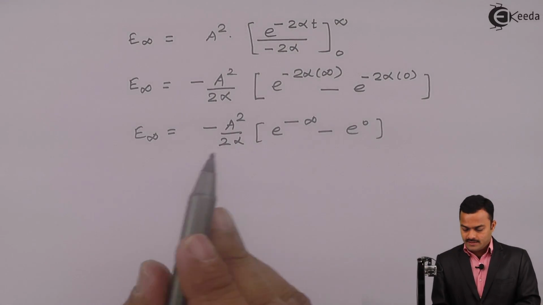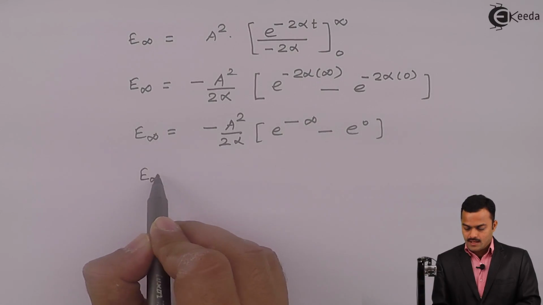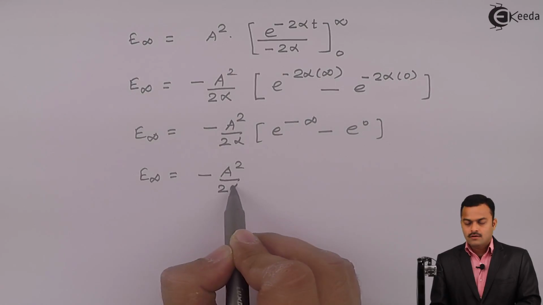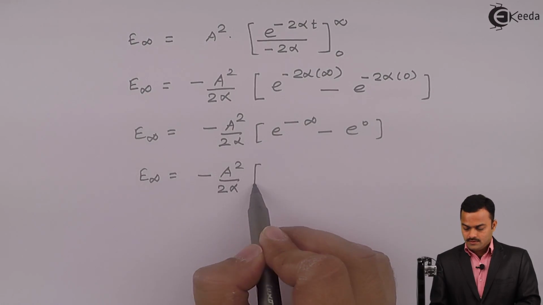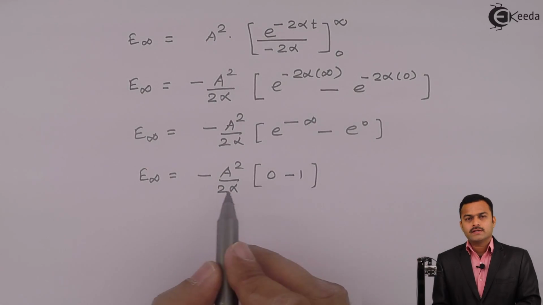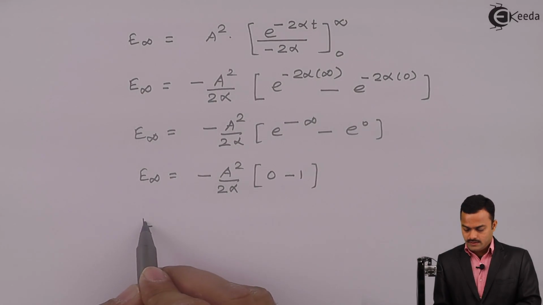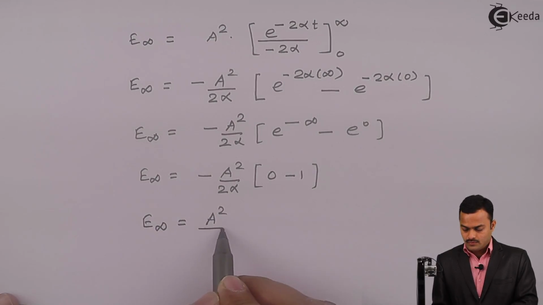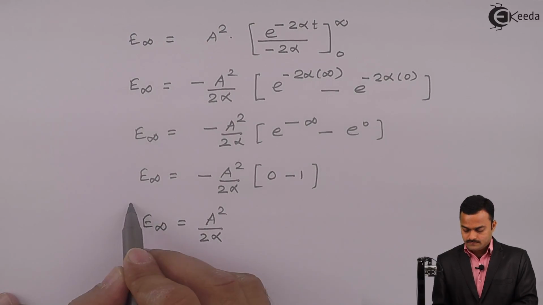So in the end, I will get E infinity as minus A square upon 2 alpha, bracket 0 minus 1. So minus 1 is getting multiplied with this, so E infinity is A square upon 2 alpha.